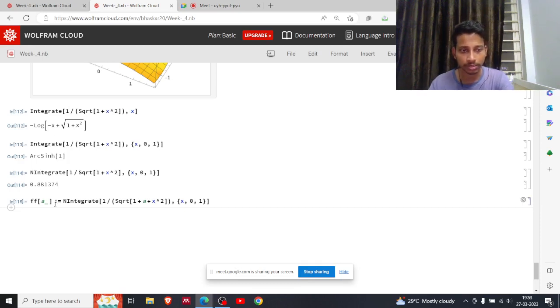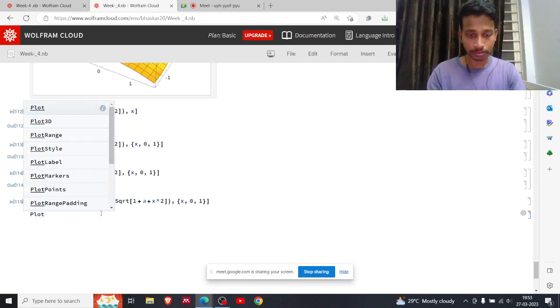So this is a function having the parameter a, and the function is actually a numerical integration of this particular function 1 by square root of 1 plus a plus x square, where the integral limit is 0 to 1. Now we'll plot this function.